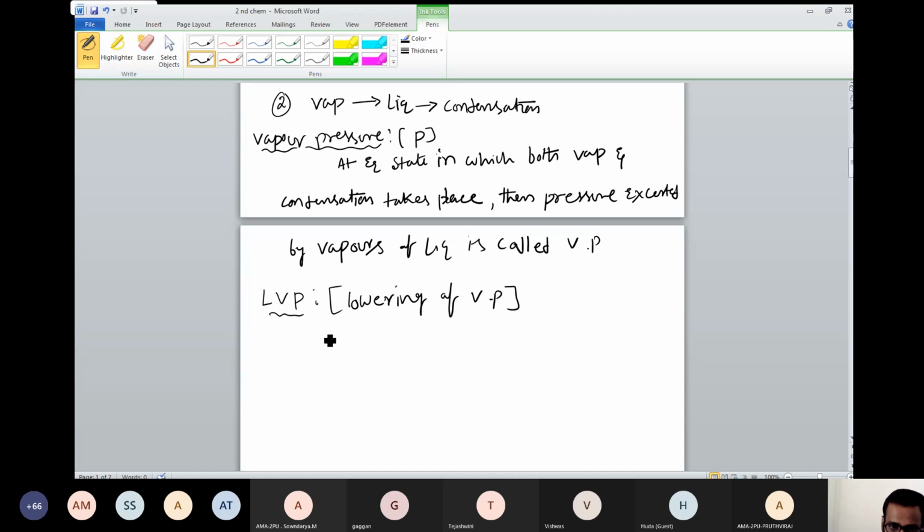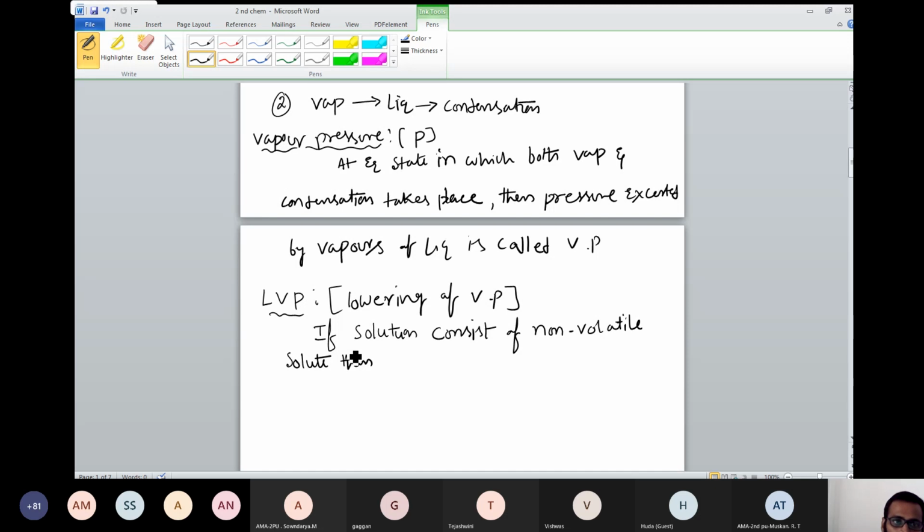I'll write it now clearly: if a solution consists of a non-volatile solute, then vapor pressure will decrease.